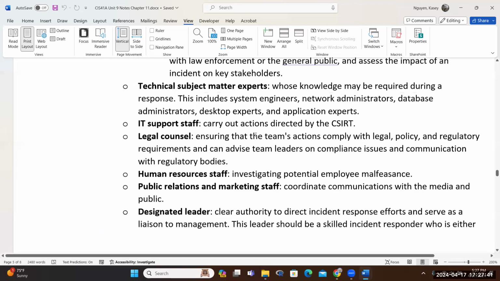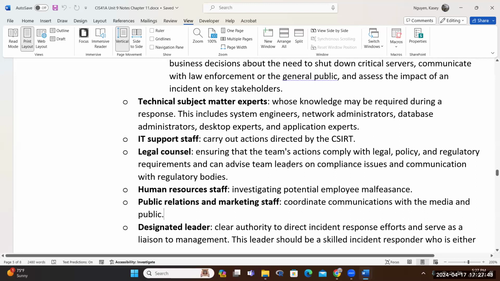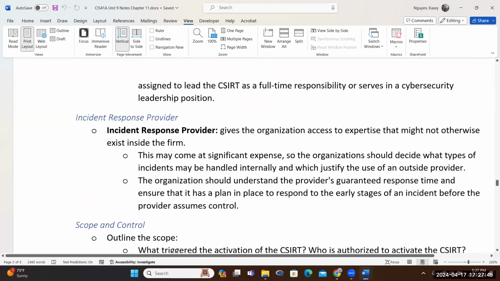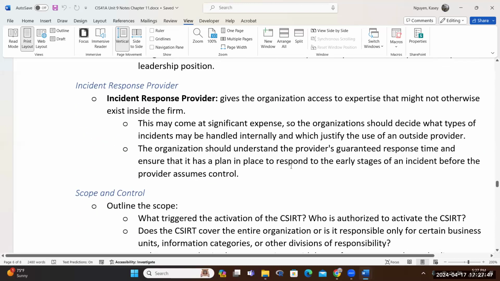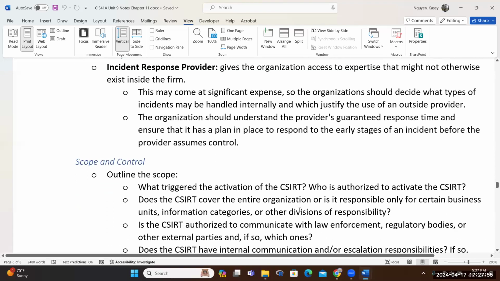So I put down some of the roles that you would see in the team. And then your incident response provider, these are the organizations, the security firms, that will be able to help.